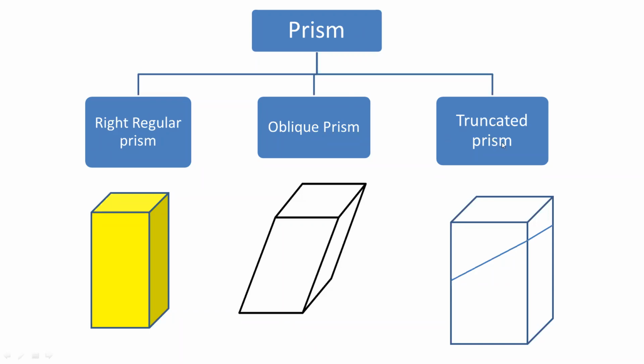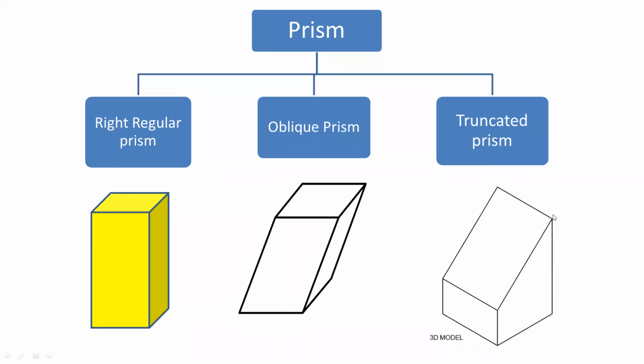And for the truncated prism, what is a truncated prism? If you cut the prism, here you can observe this line represents the cutting plane. If you cut the prism by some imaginary plane, then the remaining portion of that prism is called a truncated prism. Okay, so let us see how the truncated prism looks.